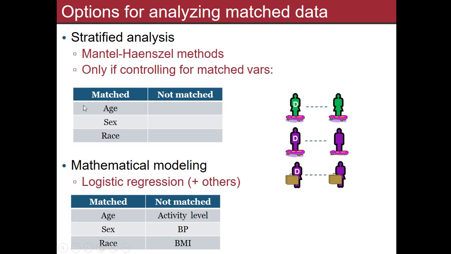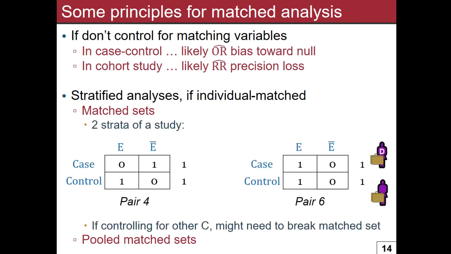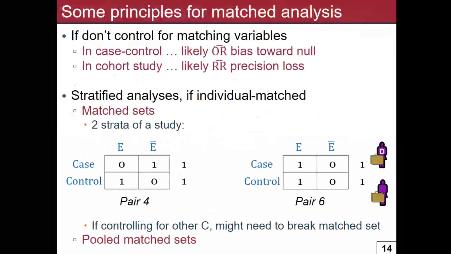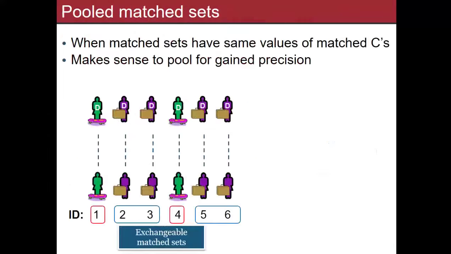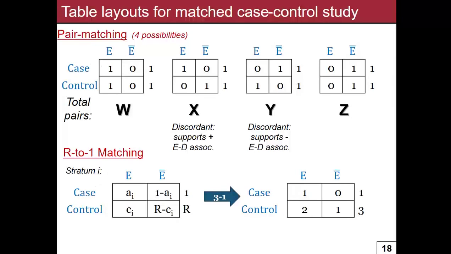What I mean by that is if you matched on age, sex, and race, and you do the Mantel-Haenszel odds ratio, remember that you make a funky 2x2 table. We're going to see it coming up. Here it is. This was Mantel-Haenszel, right? You make this W, X, Y, Z, or this is the McNemar table, the McNemar version of the Mantel-Haenszel analysis.